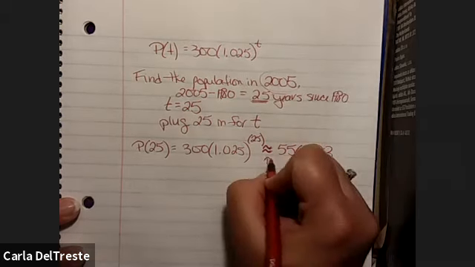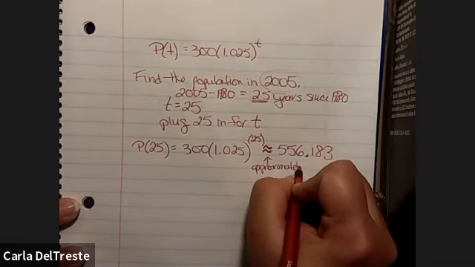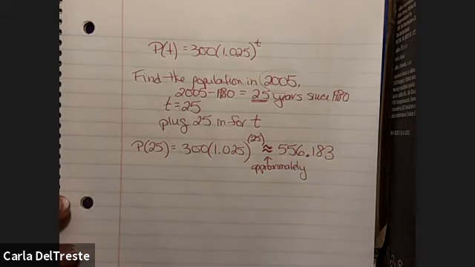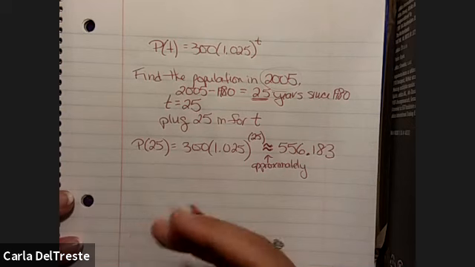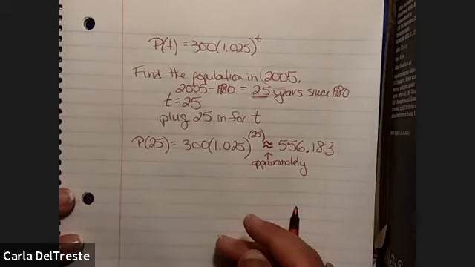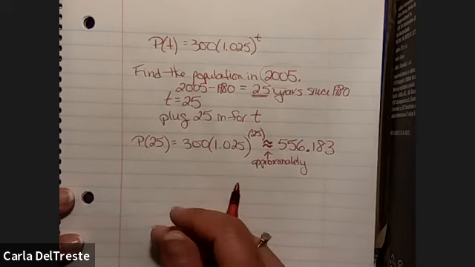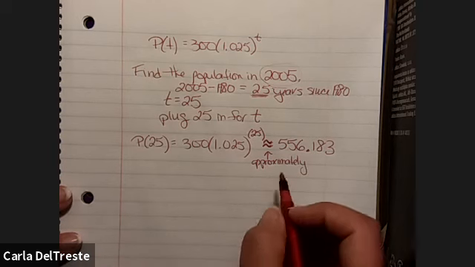Okay? This squiggly equals means approximately. And you're going to want to do that anytime you are chopping off decimal places and rounding appropriately. So remember your rounding rules. You look at the number immediately to the right. If it's 5 or higher, you round up. And if it's below 5, you keep it the same, okay? So remember your normal rounding rules.